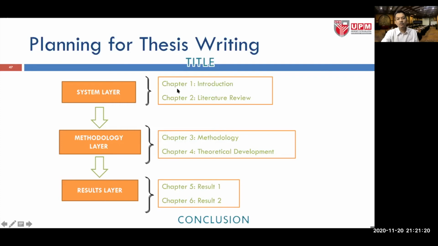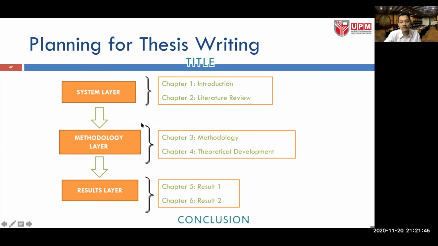And then you can use the system layer to construct your chapter 1, the introduction. You would be able to identify the problem statement, you would be able to identify the scope of the study, write down the objective, and then provide the hypothesis, and then also do the literature review based on the system layer.